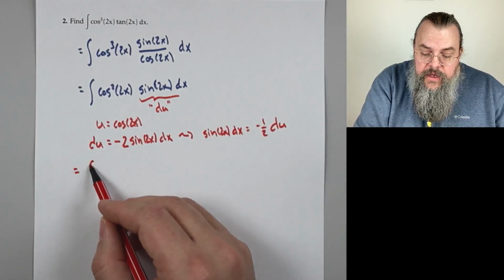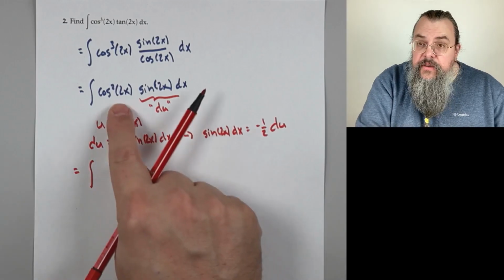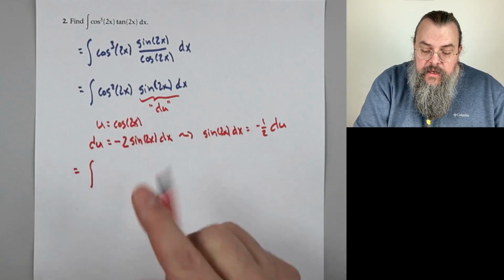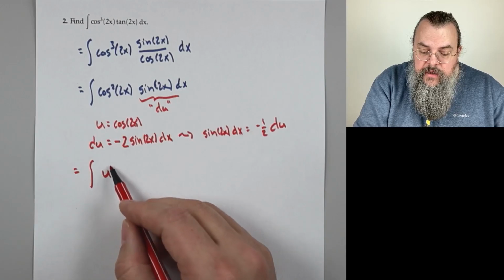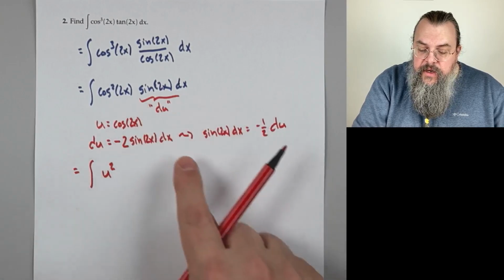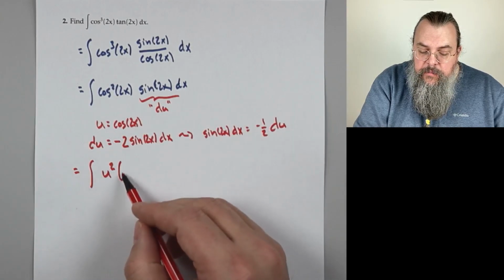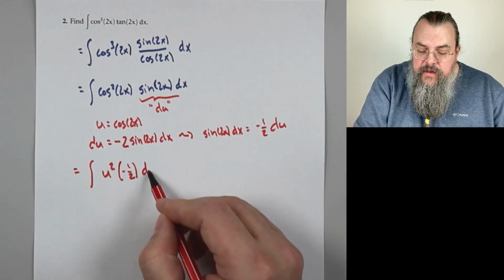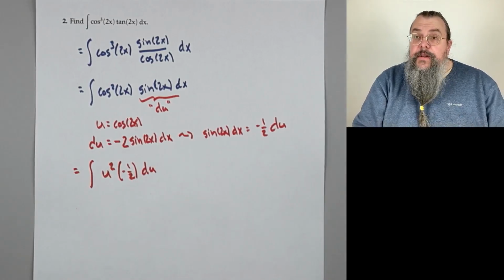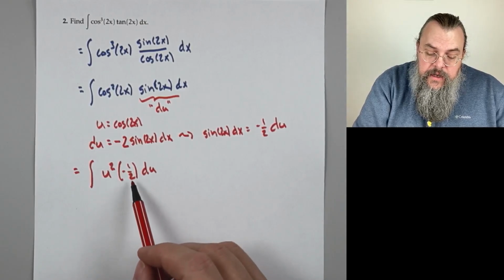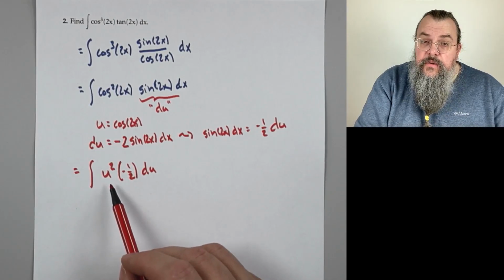So, what do we have? Well, we have the following. Cosine squared becomes u squared. And then that sine 2x dx becomes minus a half du. And all right, well, life is good. Why? Well, minus half is a constant, and we integrate u squared.